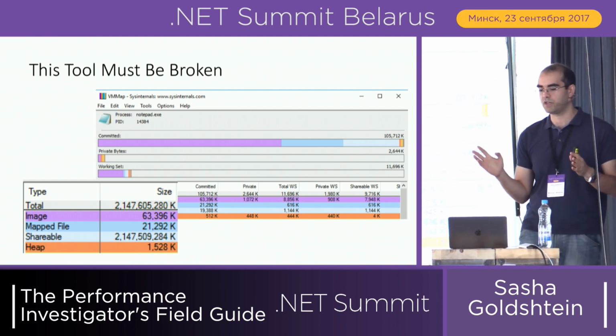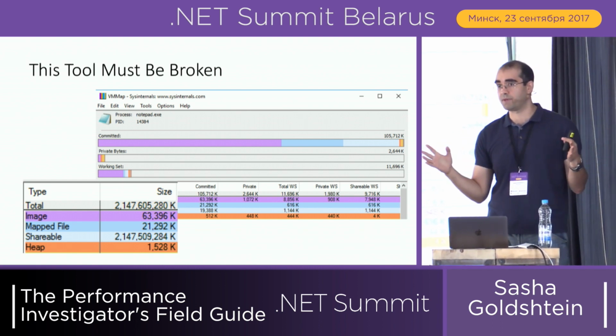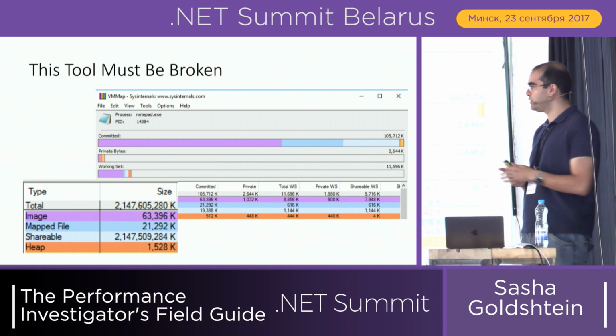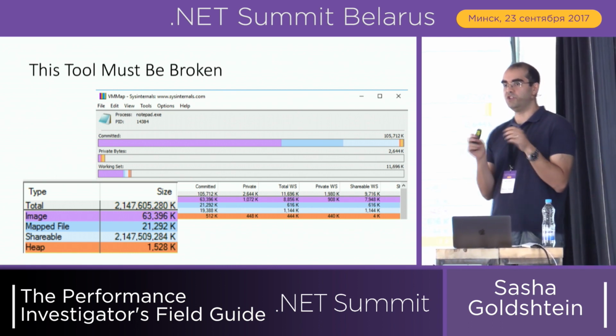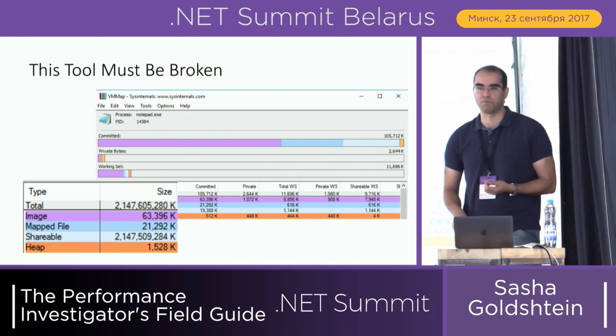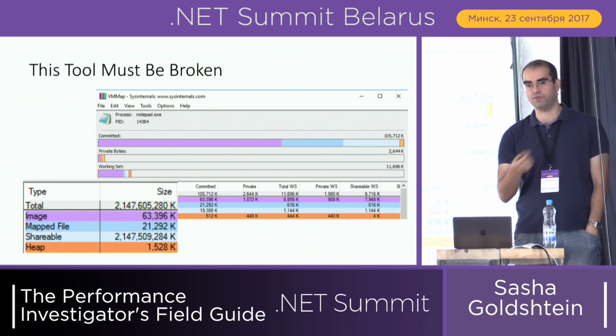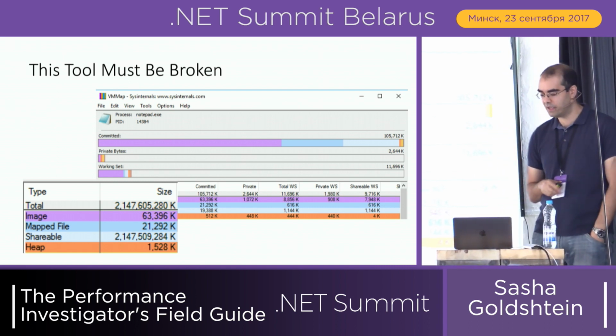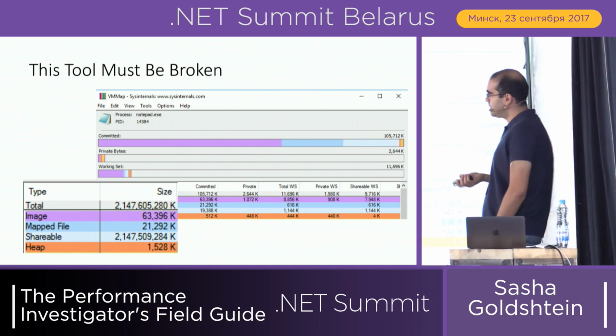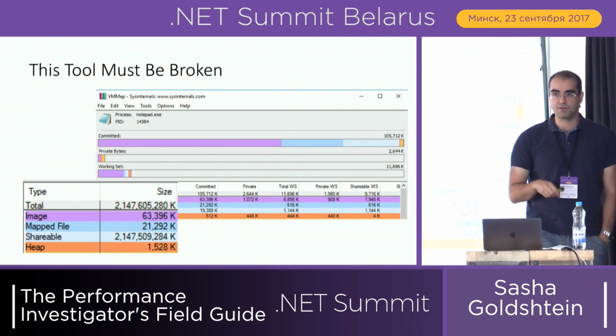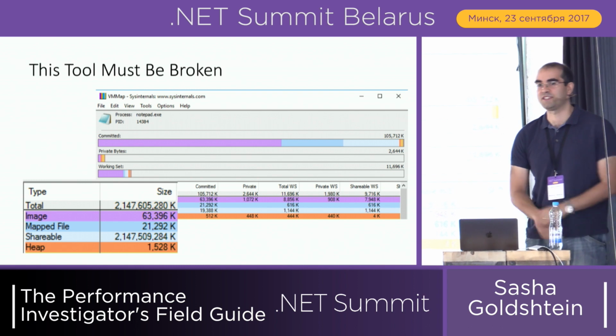For 64-bit processes, you have a lot of address space you can reserve, and so this Notepad is not really using 2 terabytes of memory, but that's what the tool seems to suggest if you don't know what it really means. So just a few examples of anti-patterns and things going wrong in a performance investigation.